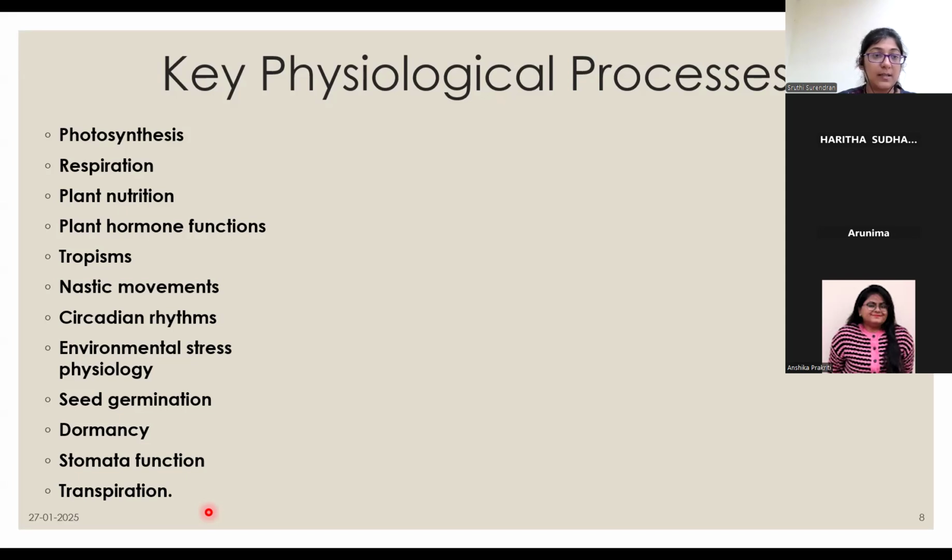Out of these, photosynthesis, respiration, stomata function, and transpiration are the most important key physiological processes that we will be focusing on. And this model that I just talked about, BioCro, has a very efficient method to simulate or predict all these processes if we give certain required inputs.